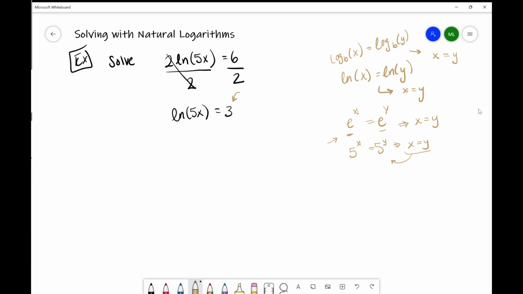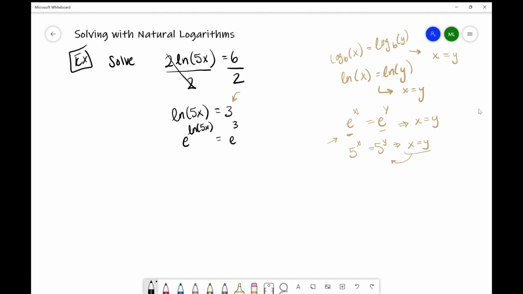I'm going to have them have the same base. So it's e to the power of, let me write it in our original color, e to the power of ln of 5x is equal to e to the power of 3.